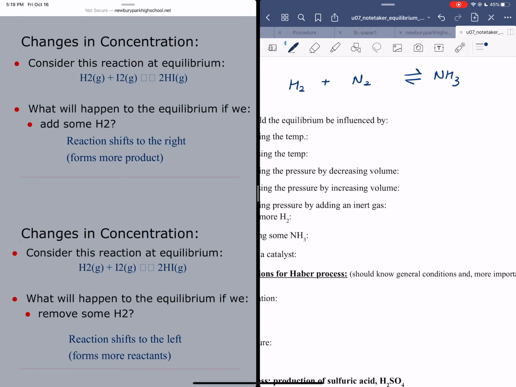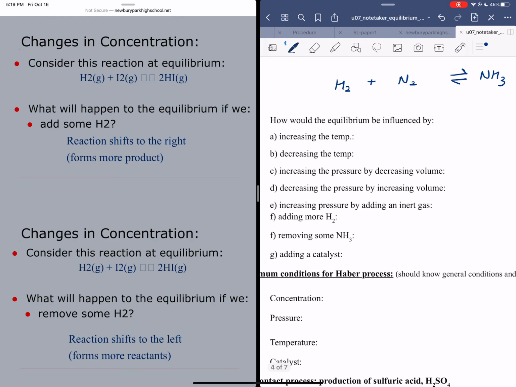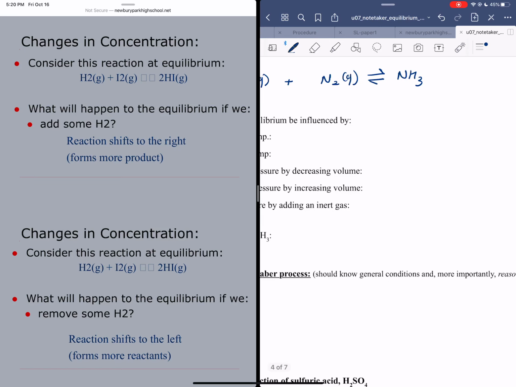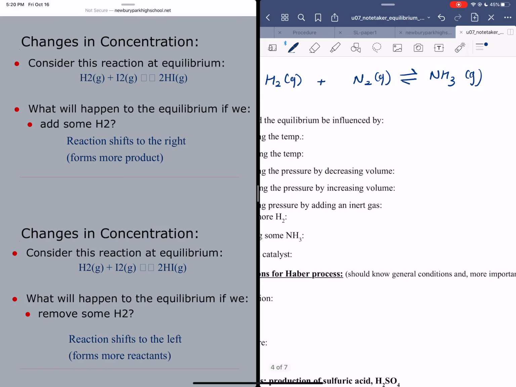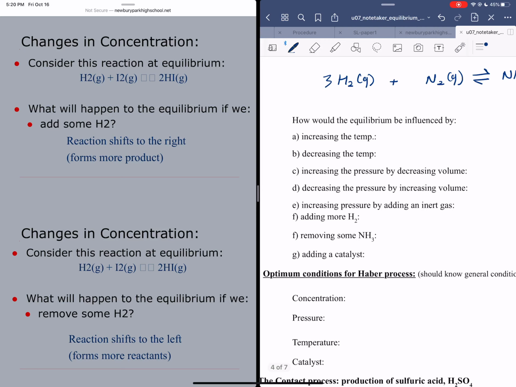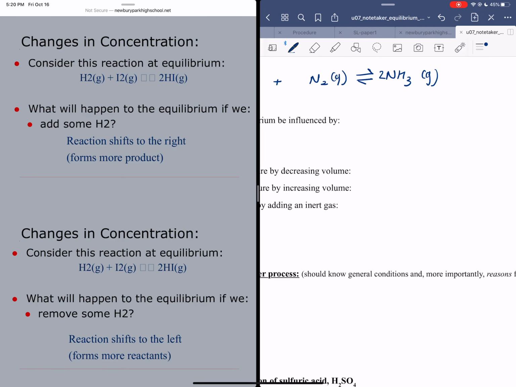These plants, through a process known as nitrification, convert ammonia to other nitrogenous compounds that they can use to assimilate nutrients and grow and recycle back into the environment. All this important stuff to grow plants. And of course, you want to make sure you have your states. So these are all in the gaseous phase. And you also want to make sure you balance. So that would be 3, and that would be 2.